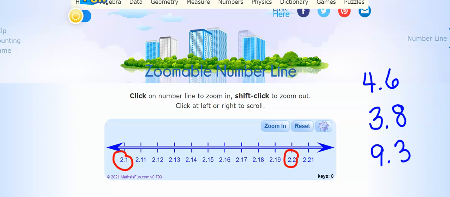Would this also be 2 and 1/10? Yes, because this has 1/10 and 0 hundredths. So I could also say 2 and 1/10, or I could say 2 and 10 hundredths. So those are equal.